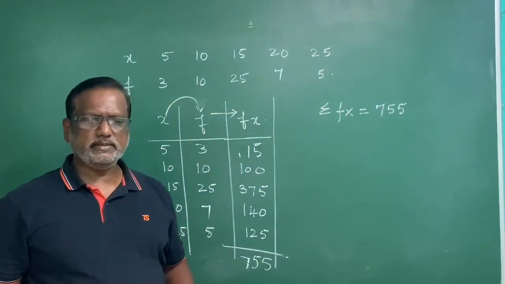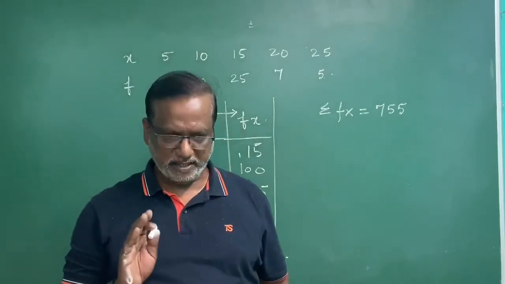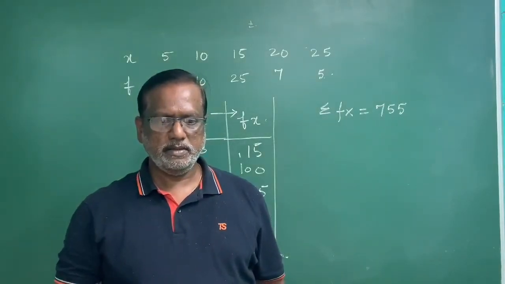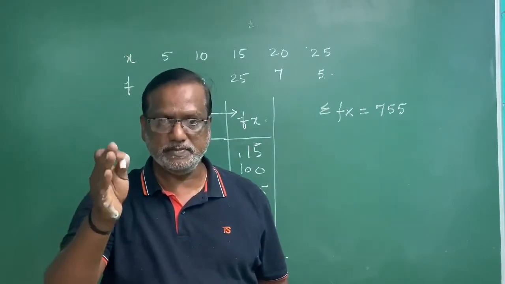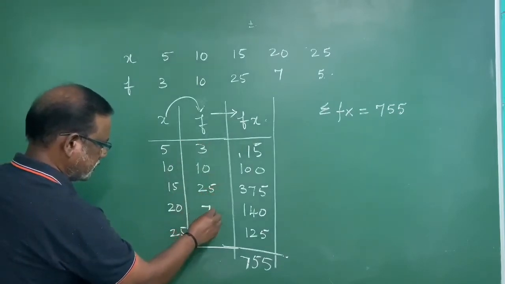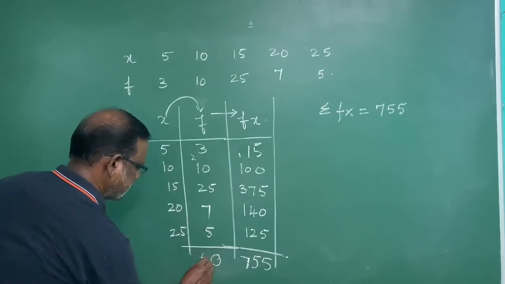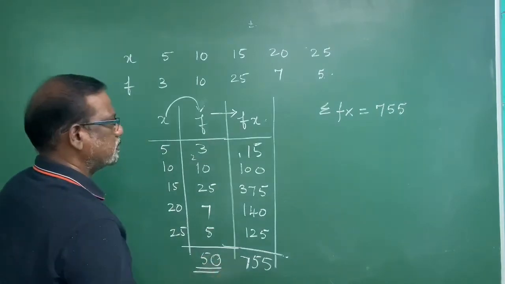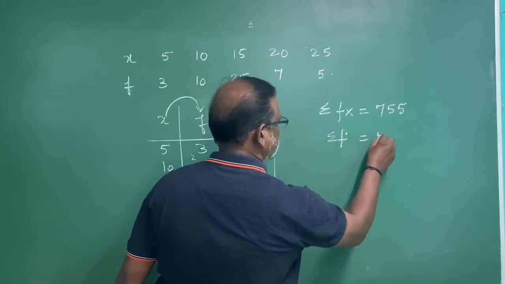The next thing, after finding sigma fx, you have to add all the values in the f column. Let us add this one: 3, 13, 38, 45, 50. So sigma f is equal to 50.